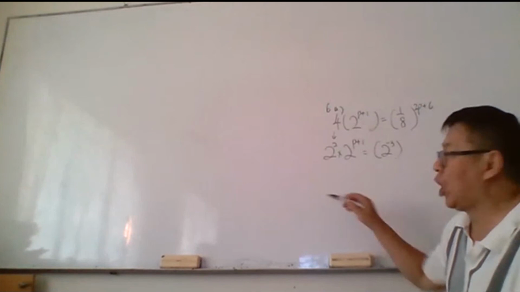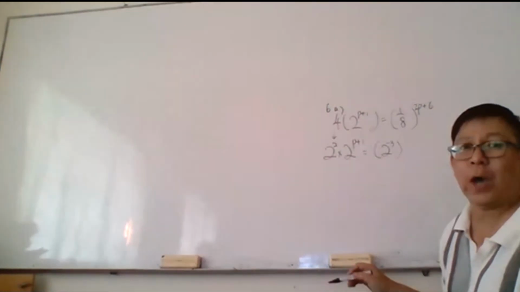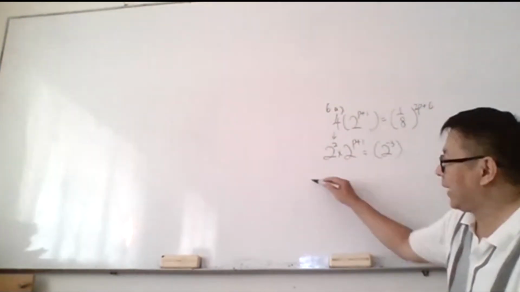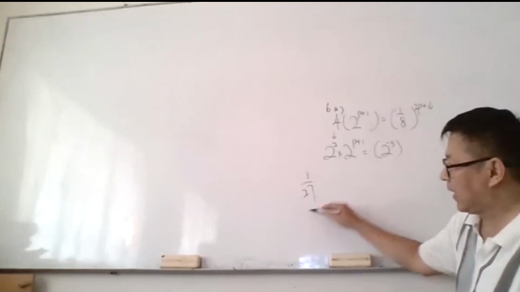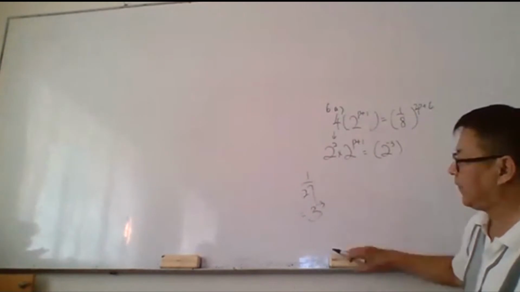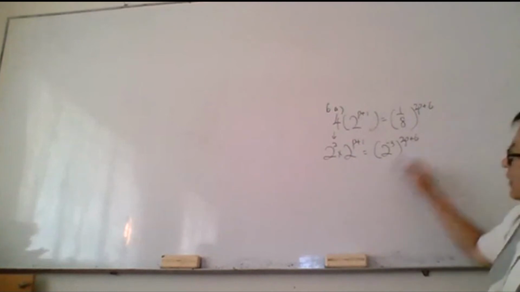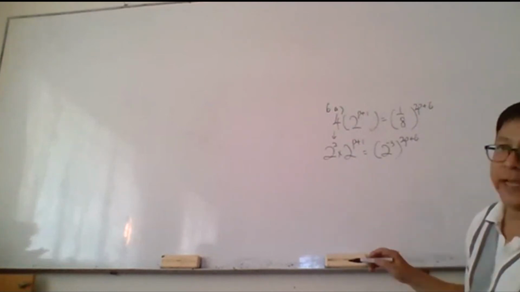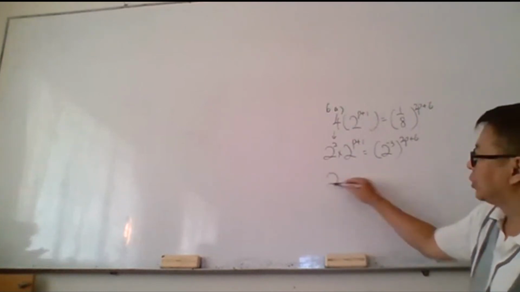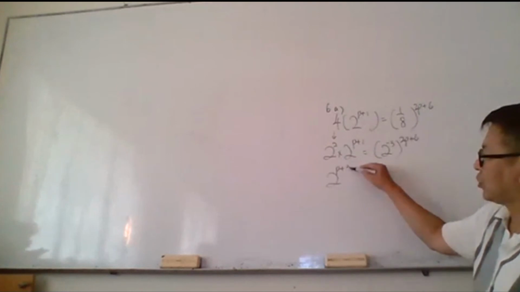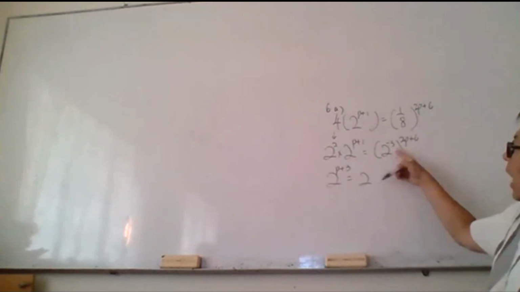Anything in reciprocal or fraction form, like 1 over 27, will be 3 to the negative 3. Remember? So 2p plus 6. And according to the law of indices, this is the product, so we just add: p plus 3. And then this is the power.